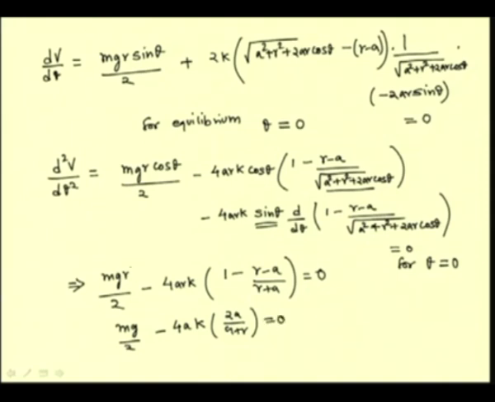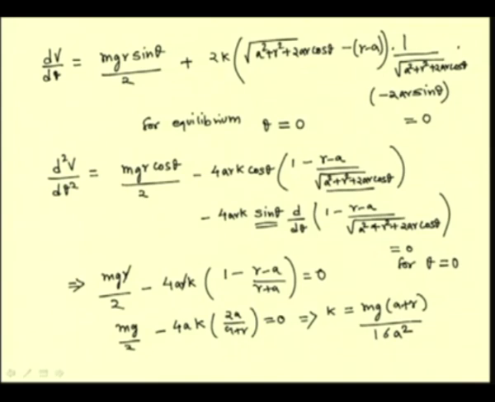The common term, that is this r, has been cancelled, and this term has been simplified because we have this as (r plus a) minus (r minus a) divided by (r plus a), which is 2a by (a plus r). And if we further simplify this, we have k is equal to mg times (a plus r) divided by 16 a square.